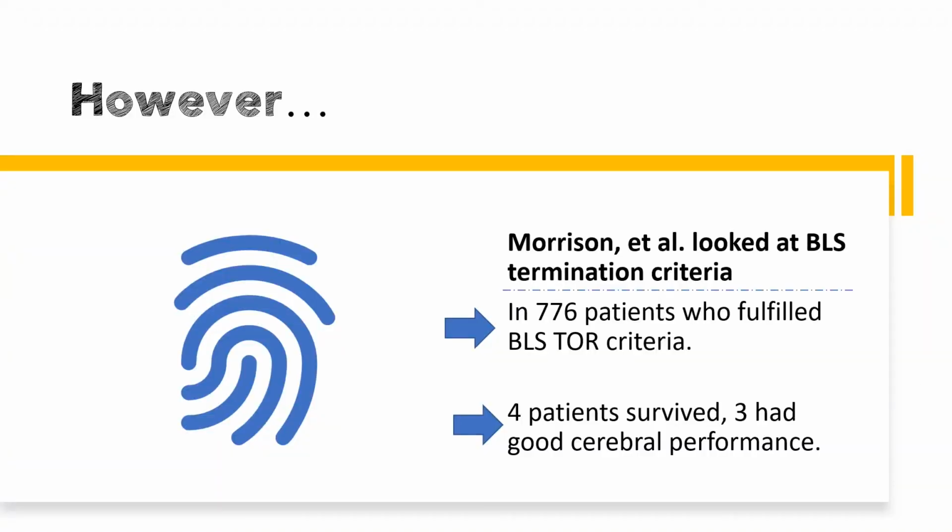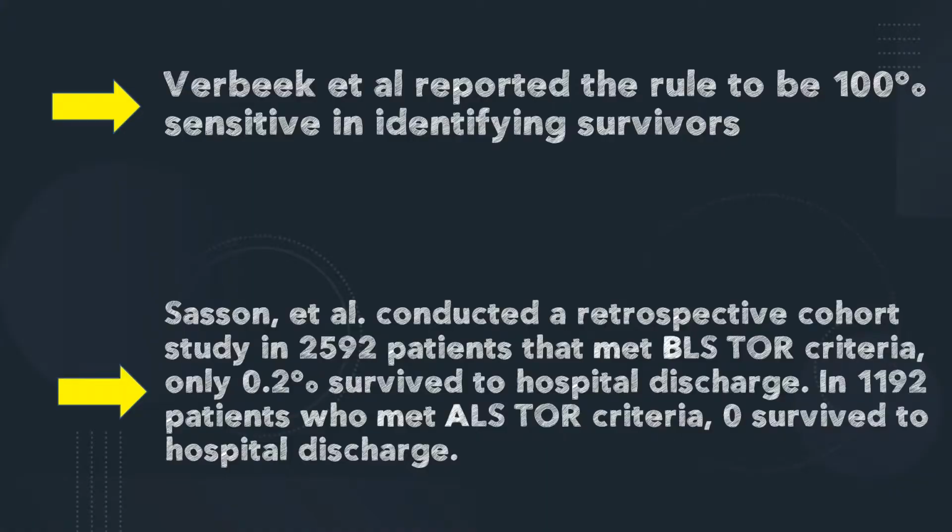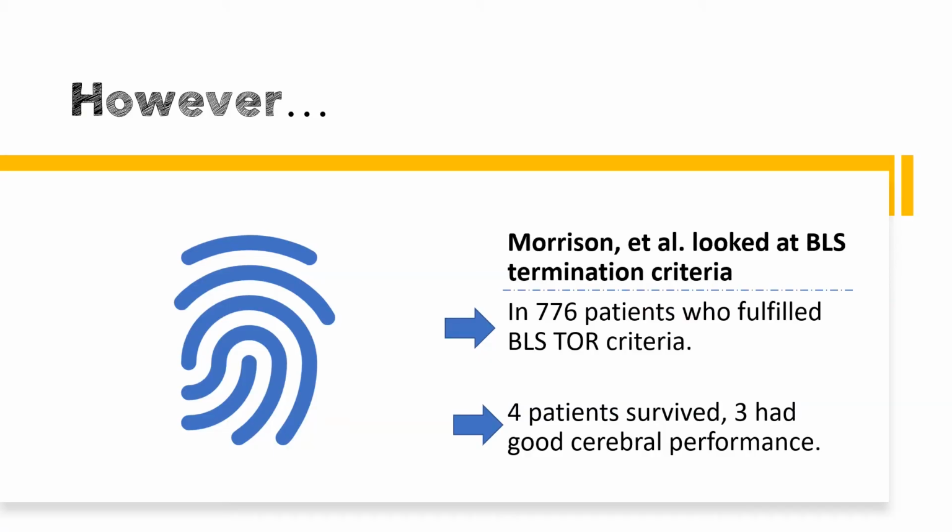However, we know that just because someone has this criteria, we've had patients survive that met all of this criteria. So it can happen. We know that patients do survive, and here's a study looking at the BLS criteria. 4 patients, just 4 out of 776.